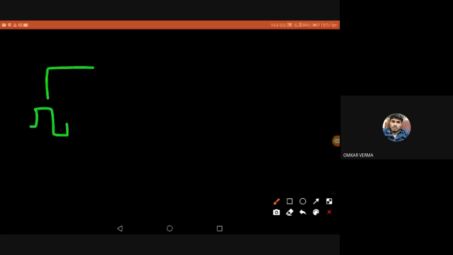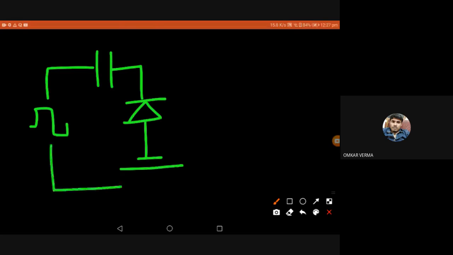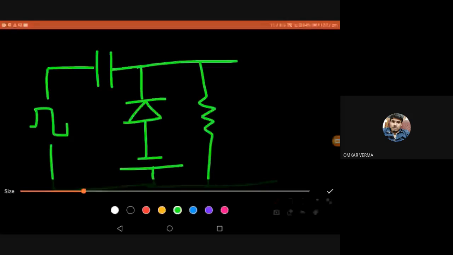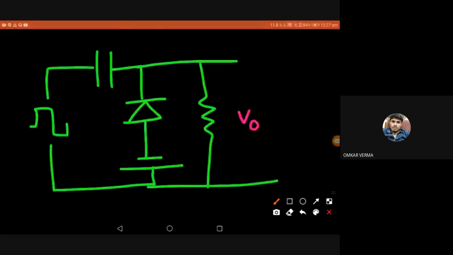Instead of connecting VB like last time, if I put it like this, so this is Vout, this is the capacitor, Vin, diode. Now I am reversing the direction of VB, minus and plus. It's capacitor and diode.